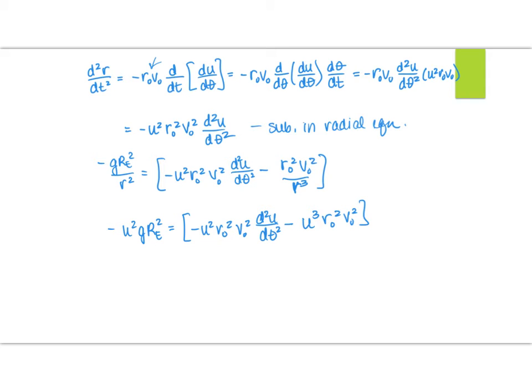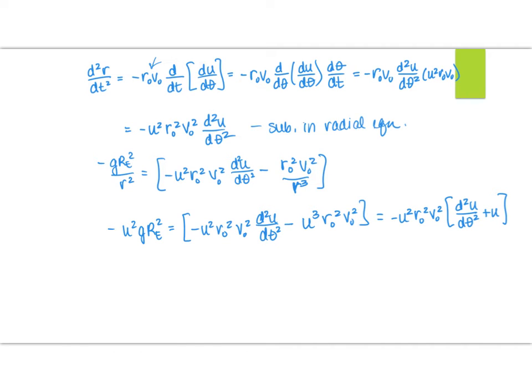We can do some factoring. And we're going to even simplify it even more.